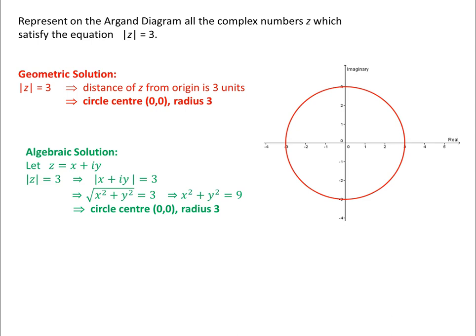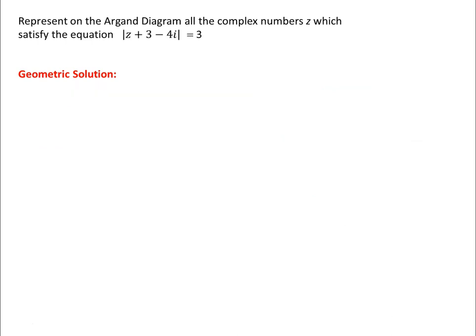Let's move on to a second example then. We want to represent on the Argand diagram all of the complex numbers z which satisfy the modulus of z plus 3 minus 4i equals 3.